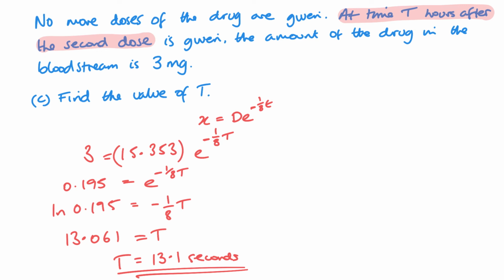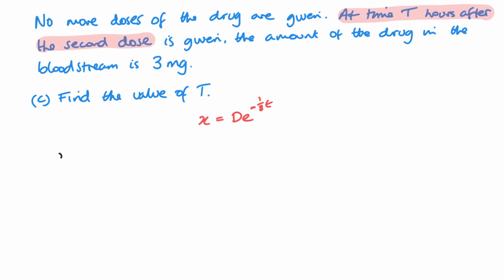Now, if I didn't use this method, and I used the way I worked out part B initially, I get a much more difficult problem to solve, but one that is still solvable. So we have x equals 10e to the minus (5 plus t) over 8 plus 10e to the minus (0 plus t) over 8.